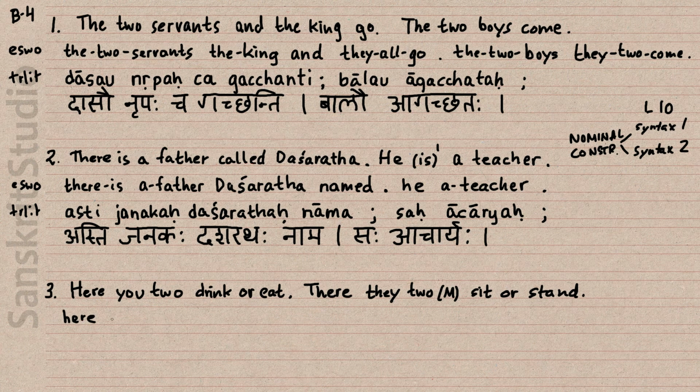Okay, so here, grouping U2, drink or eat. Here we have an "or", which works in the same way as an "and". The "or" goes after the last grouped word, just like the "and" does.